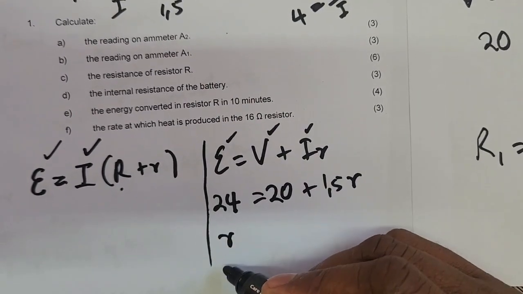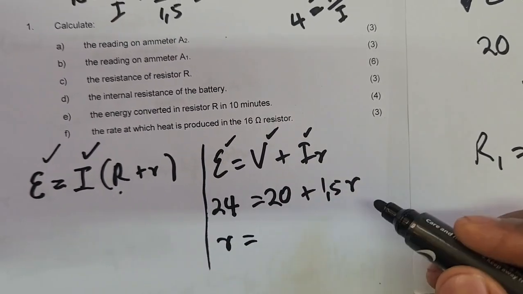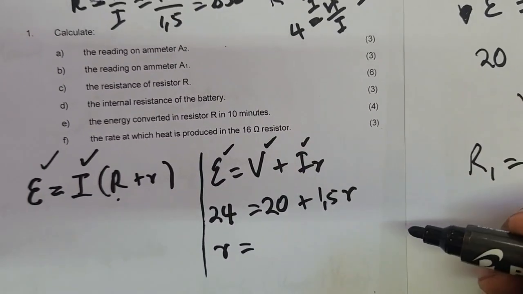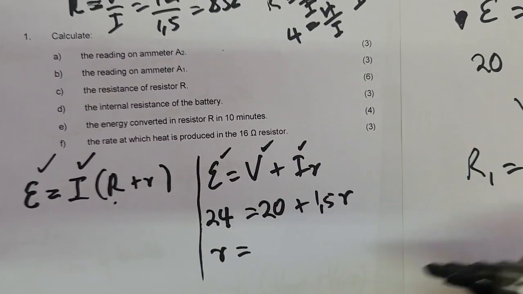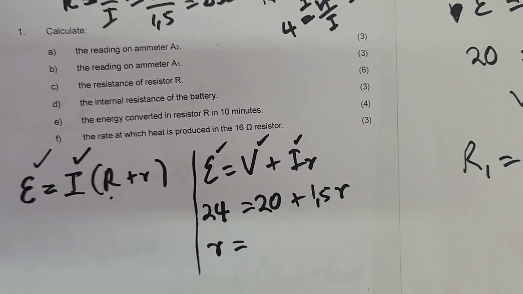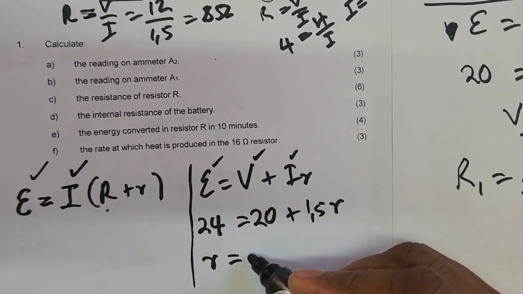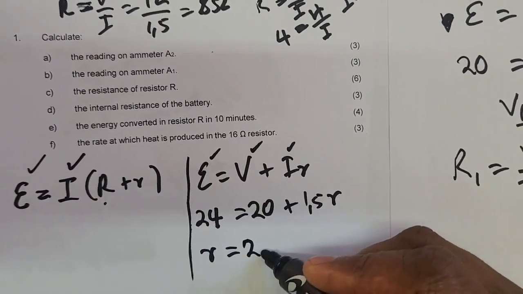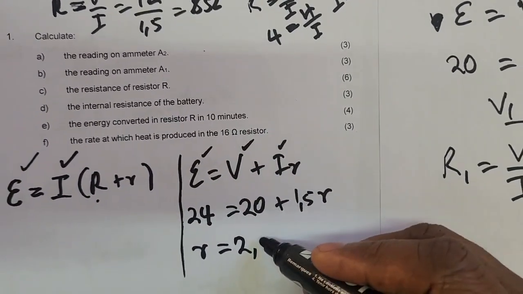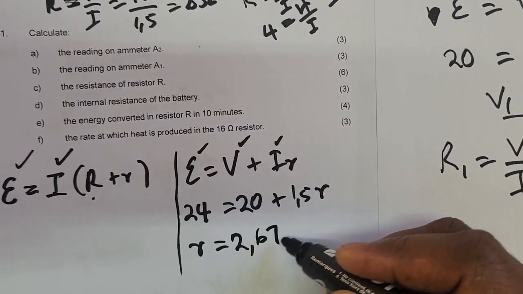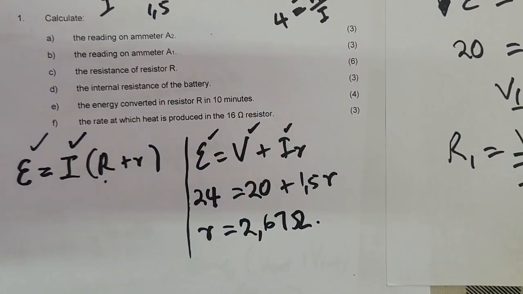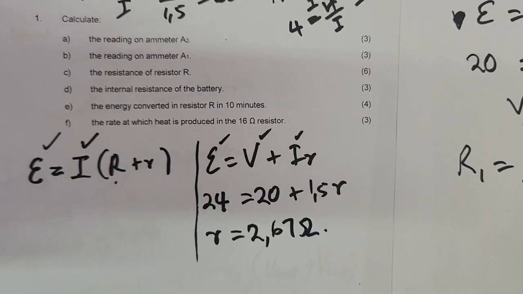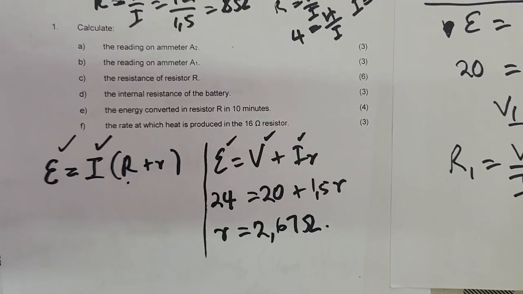Therefore, the small r here will be 2.67 ohm. That will be the internal resistance of the battery.